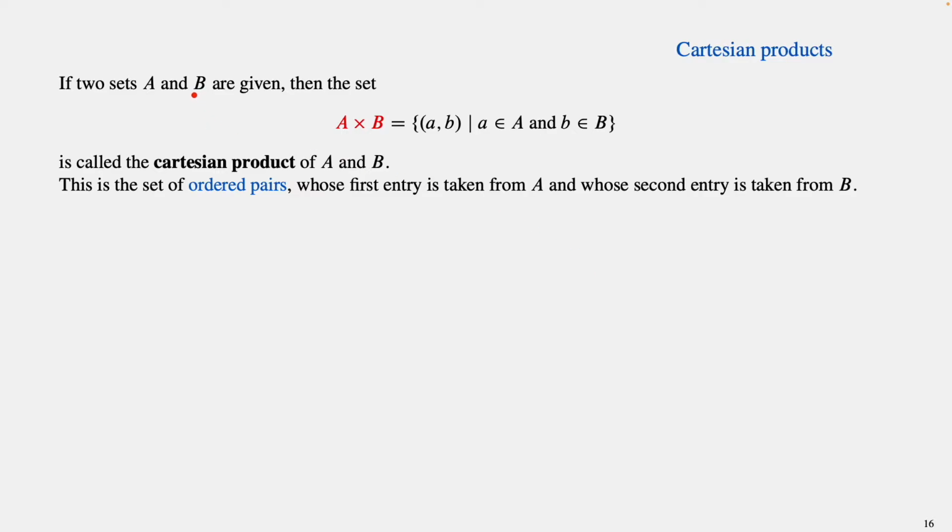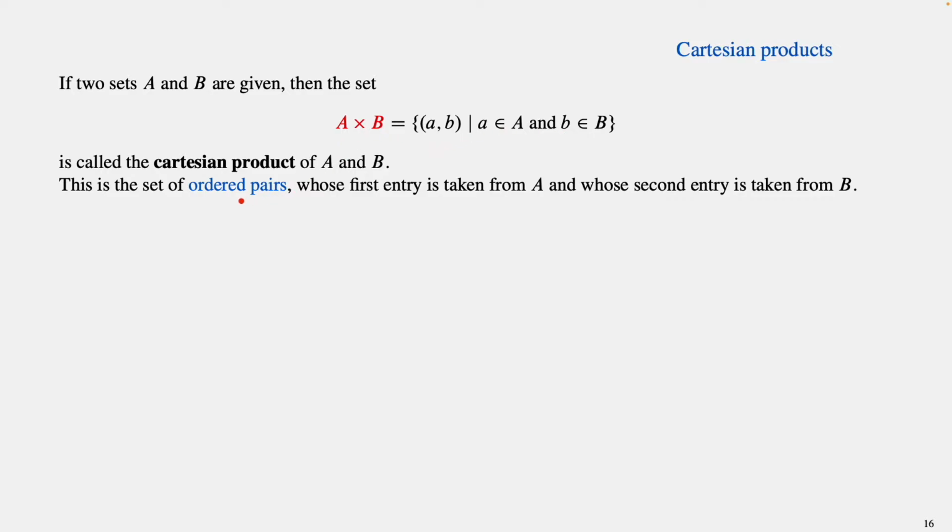Now we have Cartesian products. So if two sets A and B are given, then we can form a new set A times B. So we read this times like a multiplication, but note that we don't really multiply anything here. A times B is the set of these pairs (a, b), where the first entry of this pair is taken from the set A and the second entry is taken from the set B. And this is called the Cartesian product.